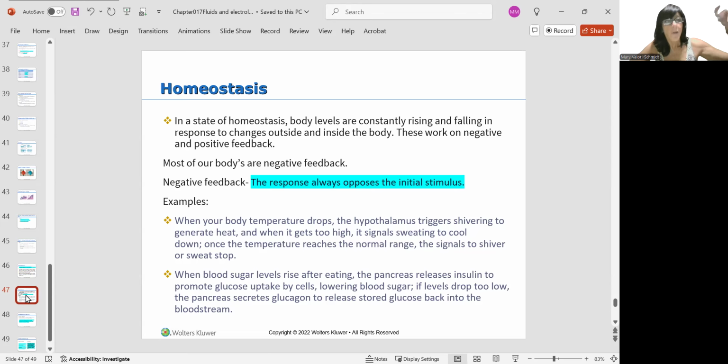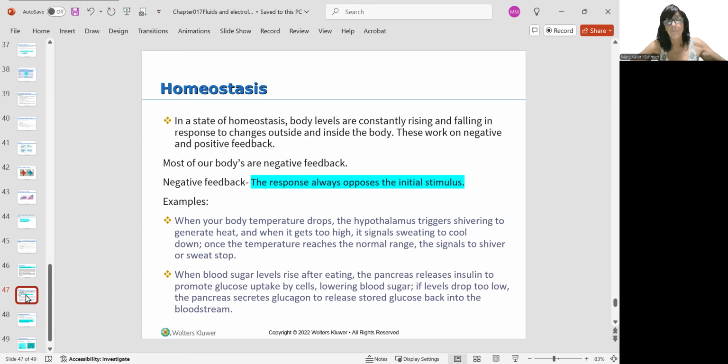Example, you're outside and it's cold. Your hypothalamus goes, uh-oh, start to shiver to make some heat. Then you get too hot, start to sweat to cool down. Once you get to a normal temperature, either the shivering or the sweating stops. Negative feedback, right? If you're cold, we need to make you warm. If you're warm, we need to make you cool. Opposites, right? That's negative feedback.